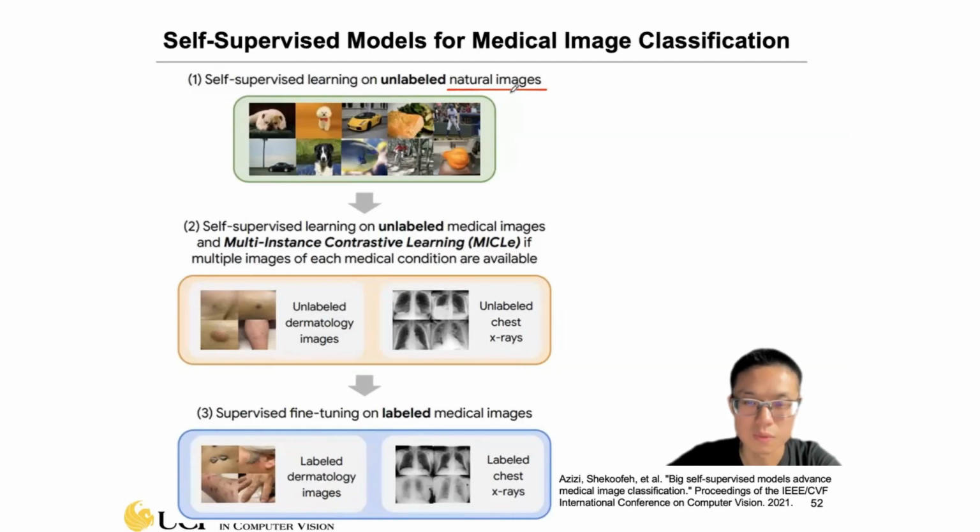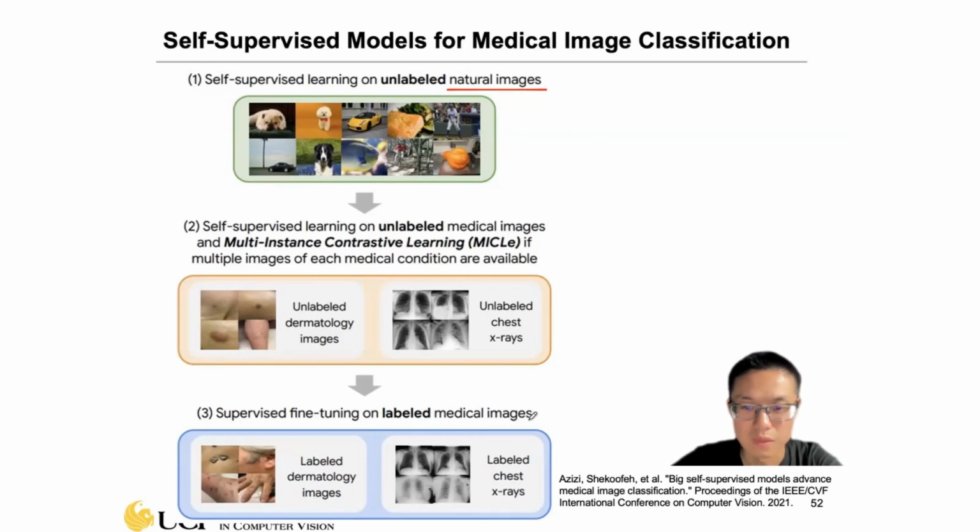Because the representation learned on natural images has some data distribution shift compared to the medical data, right? Because there is some domain gap. So by the second step, we further pre-train the model on the unlabeled medical images, and the domain gap can be reduced. And the third step is we do supervised fine-tuning on the labeled medical images, right?